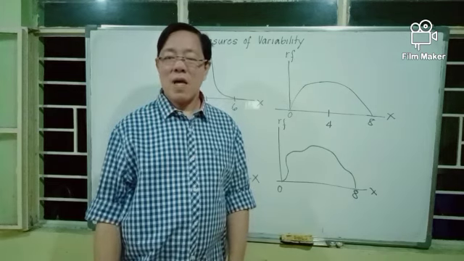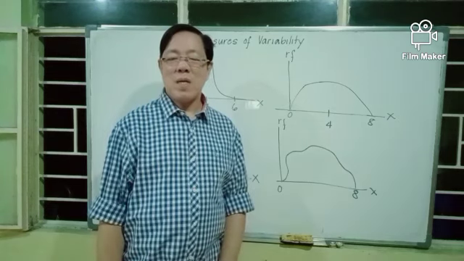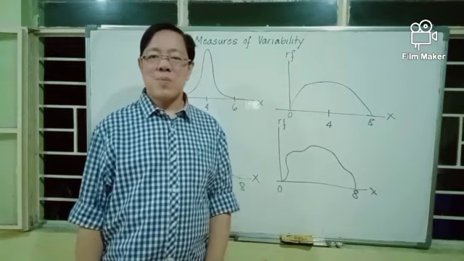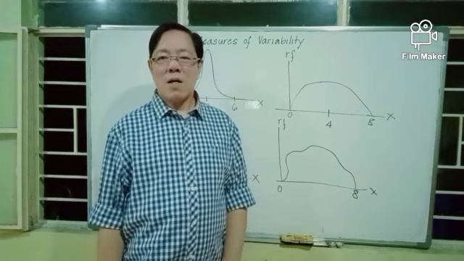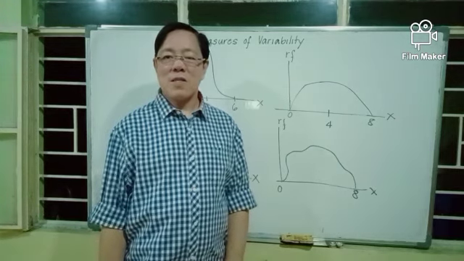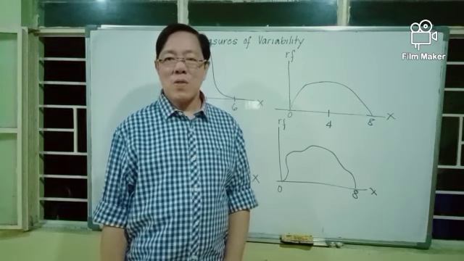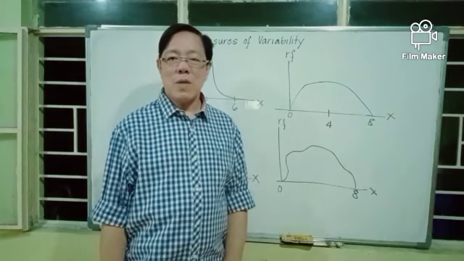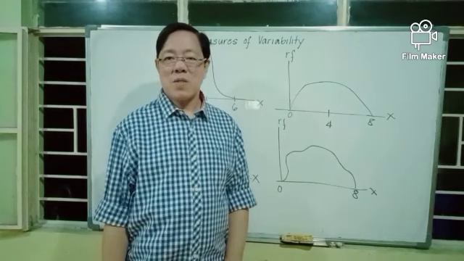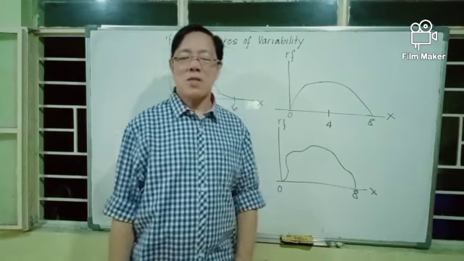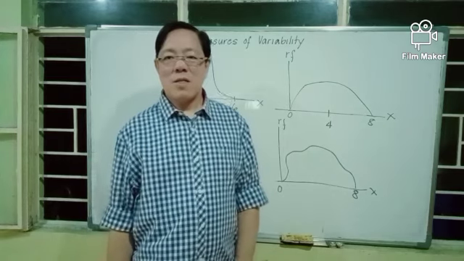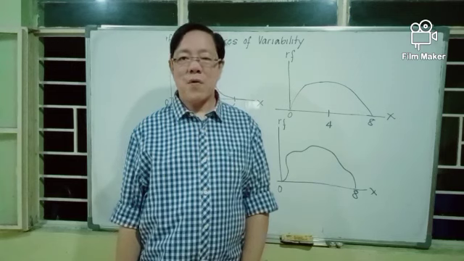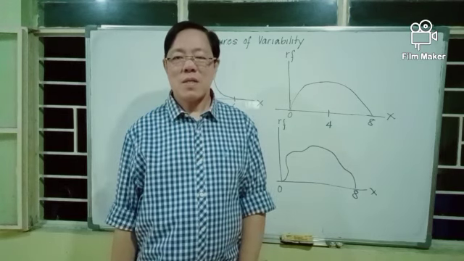So the next type of measure of variability, measure of variation, or measure of dispersion is the fractiles, also known as quantiles. And today we will take two types of these quantiles or fractiles: the quartiles and the percentiles for ungrouped data.